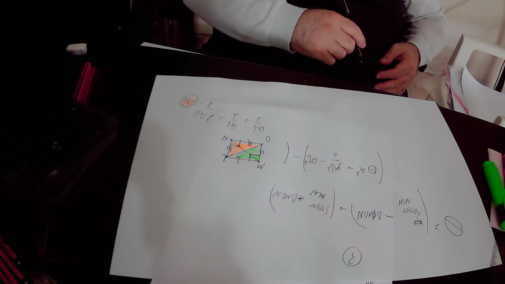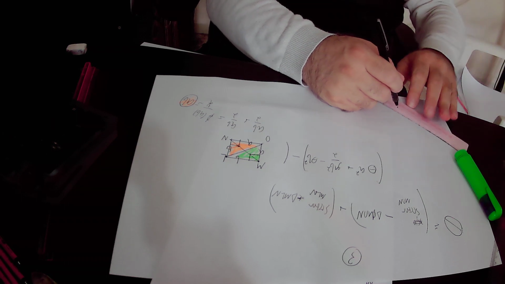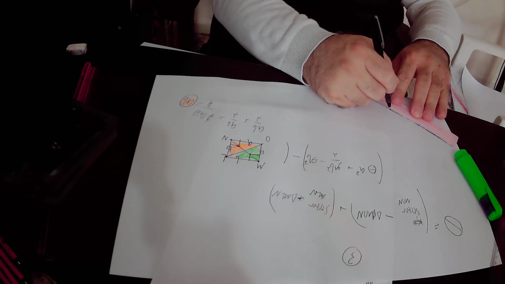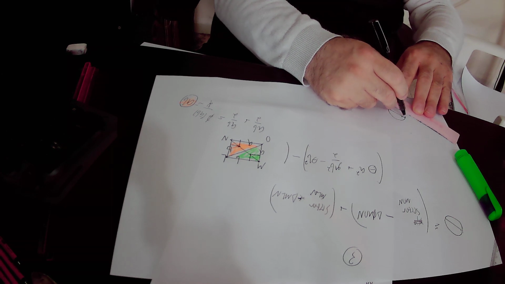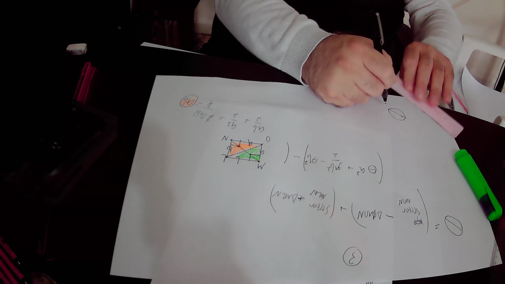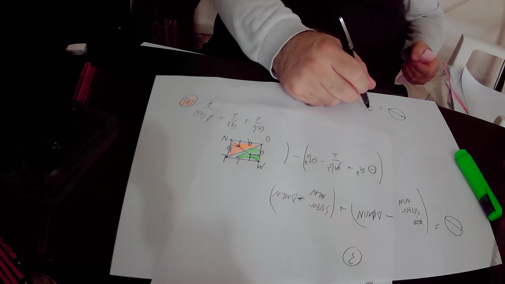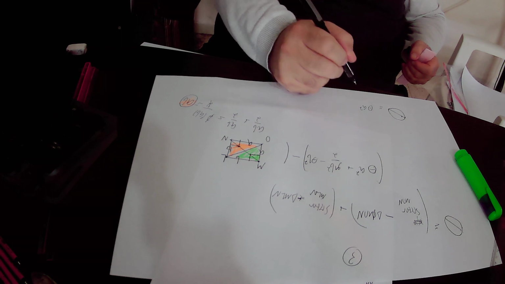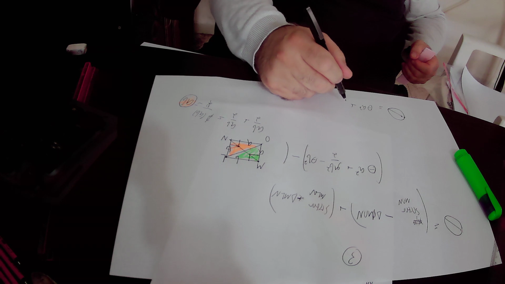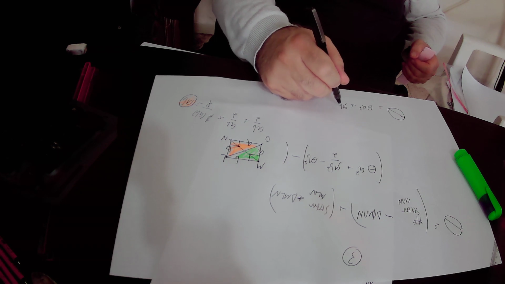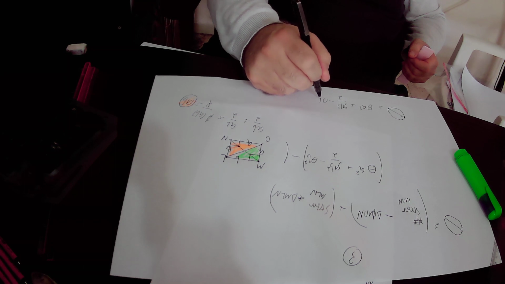In this way, we find the area of this lens, which could be any lens. So the area of this lens is equal to theta times A squared plus pi B squared over 2 minus theta times B squared.